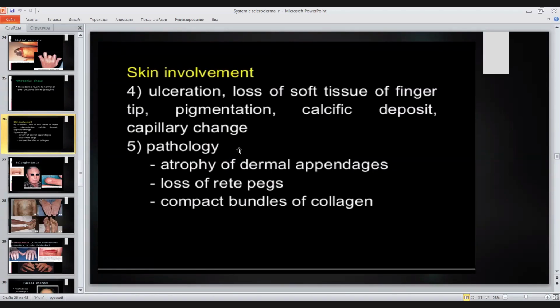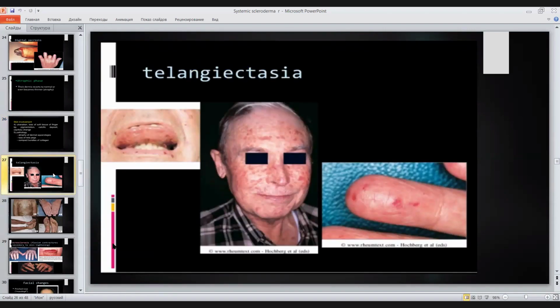Okay, capillary changes. About capillary changes, telangiectasia. Due to that, they lose normal function of small arterial vessels, vein vessels for example, but mainly arterioles here.